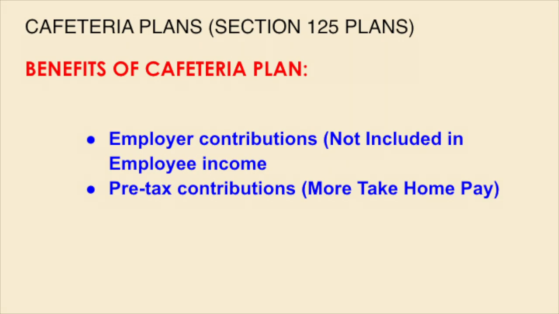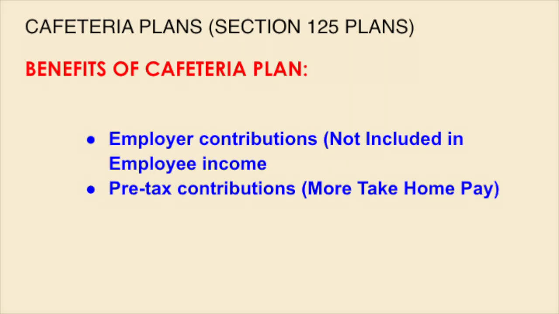Let's again review the tax benefits of a cafeteria plan. If the flexible benefit plan qualifies as a 125 cafeteria plan, certain tax benefits are available to employees who participate in the plan. The employer contributions to the qualified cafeteria plan are excluded from employees' income, and they are not subject to federal income tax withholding or employment taxes to the extent the contribution relates to non-taxable benefits selected by the employee.